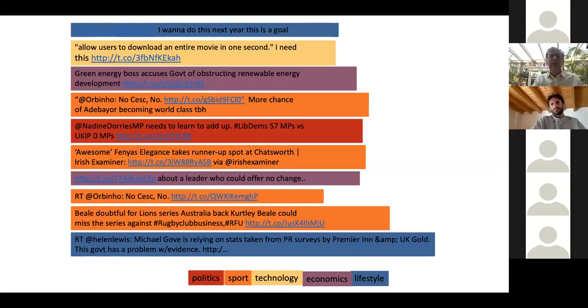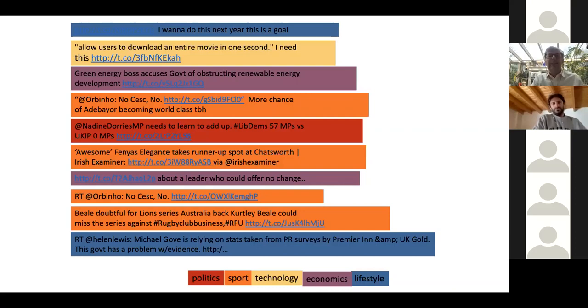So this is the tweet we have captured, which does not contain the keywords. And the matching is relatively good. It's not 100% perfect, but it's a good matching.